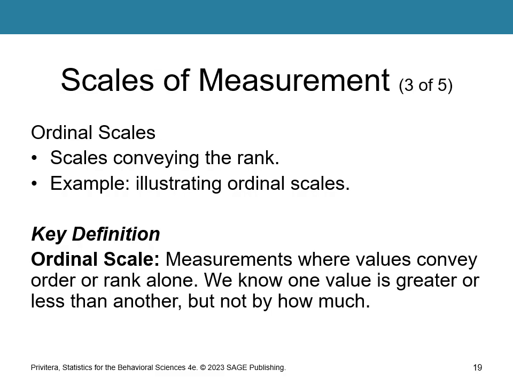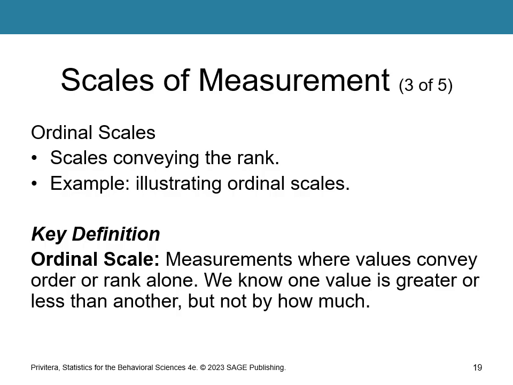Think about college rankings. U.S. News and World Report might rank Stanford as 1 and Harvard as 3 for psychology programs. We know Stanford is ranked higher, but the rankings don't tell us how much better. Maybe Stanford and Harvard are nearly identical, while the school ranked 10th is far below both.